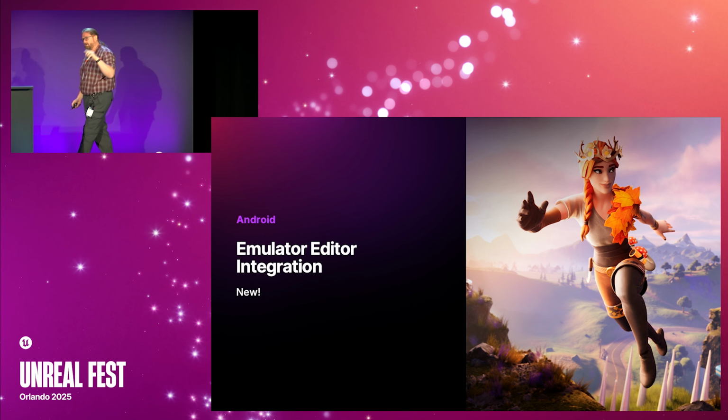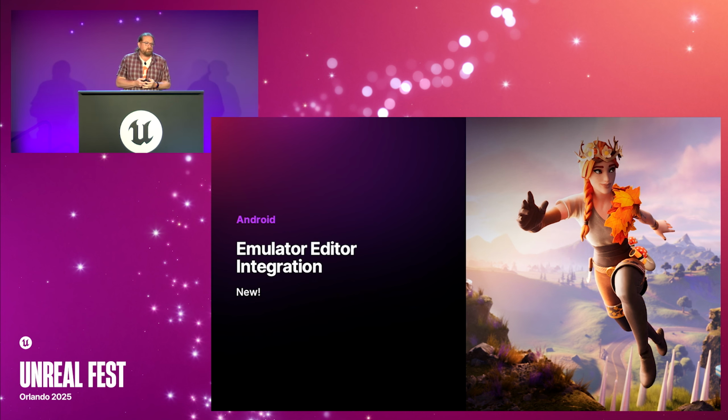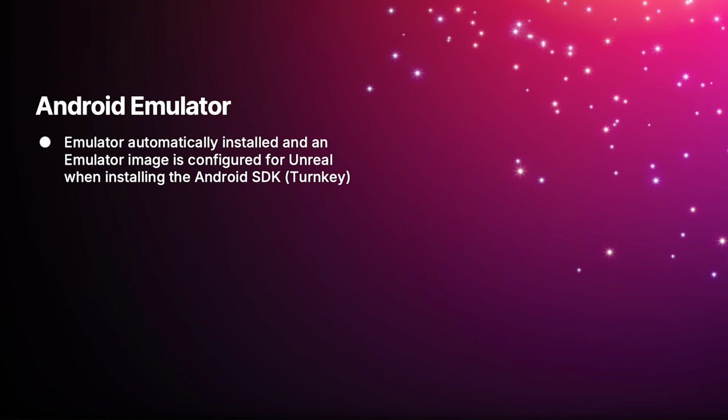You click it, and it will do a compile, and the APK is the same APK you would basically have on your own Android device. The emulator can be automatically installed when you set it up on a PC. And it actually does work, mostly, on macOS, though there might be a hotfix coming out some time that might improve that a little bit.